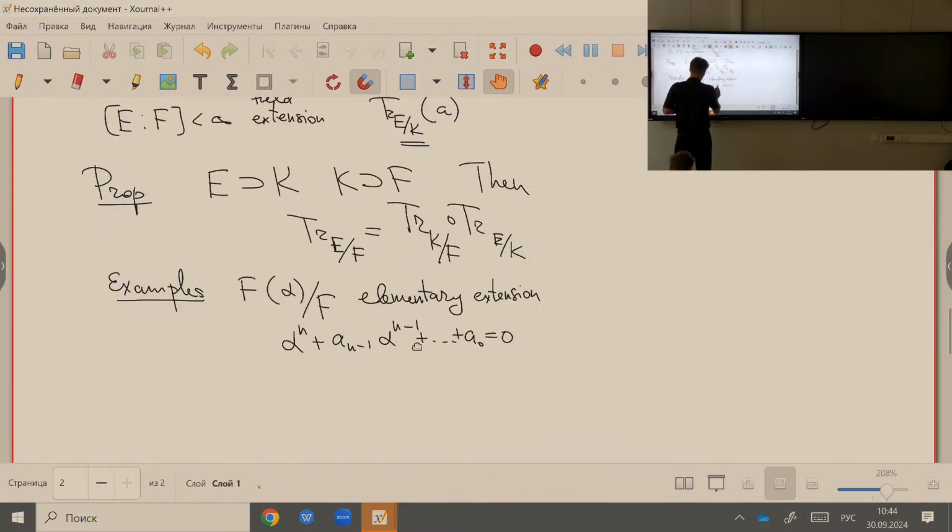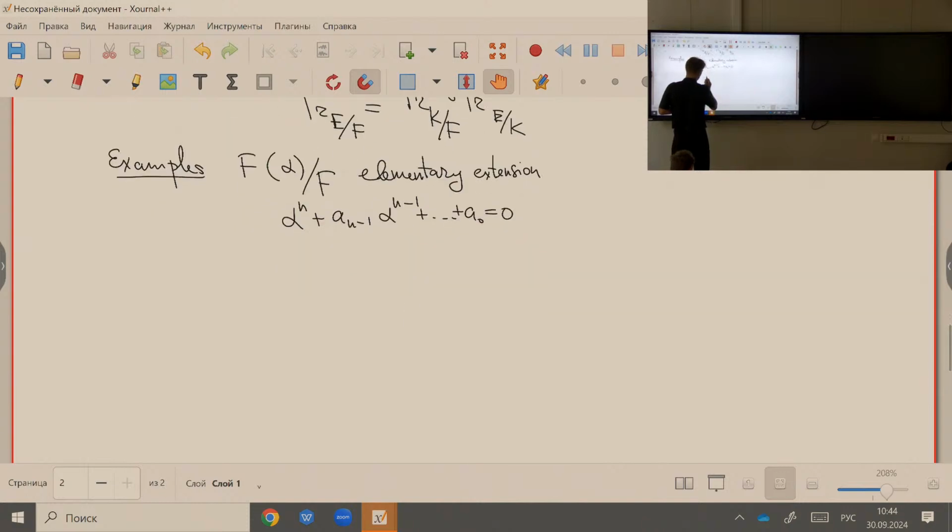So if you consider this kind of polynomial, that is a minimal polynomial for alpha, we can write simply the operator of multiplication by alpha. It is given as follows. The matrix, of course, will not be in diagonal form.